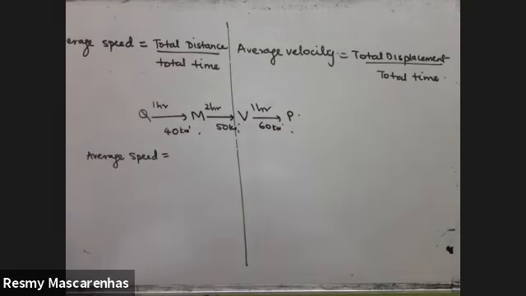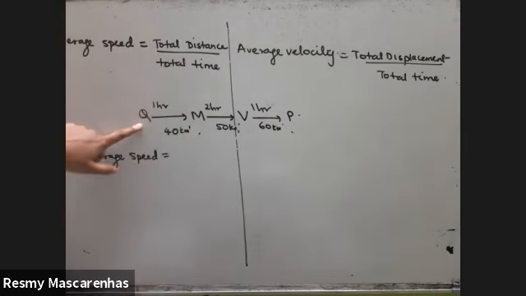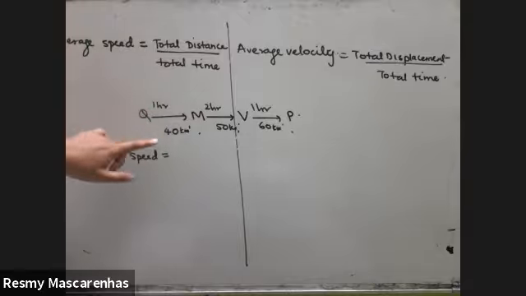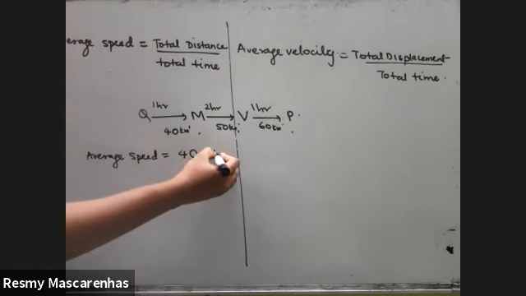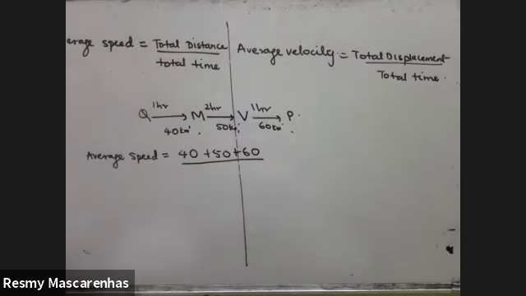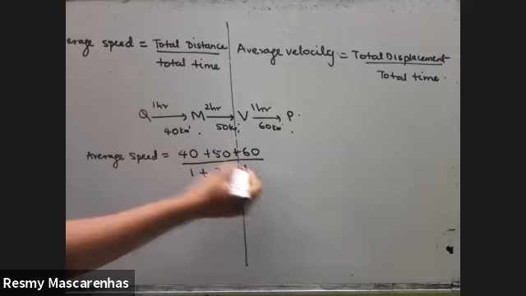So from here to here you must have traveled suppose 40 kilometers. Now randomly, don't go to measure how much distance is there. It will be less definitely. You must have taken long cuts and all. So total distance would be 40 plus 50 plus 60, and then this would be 1 hour plus 2 hours plus 1 more hour.